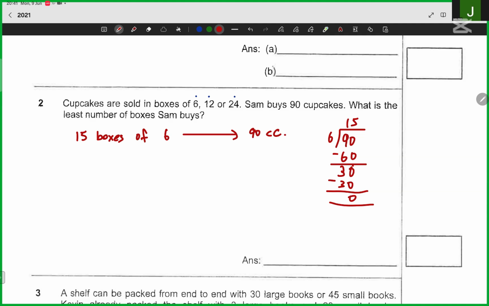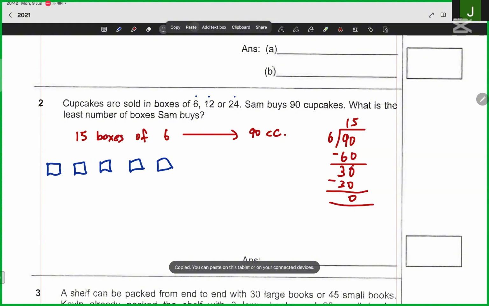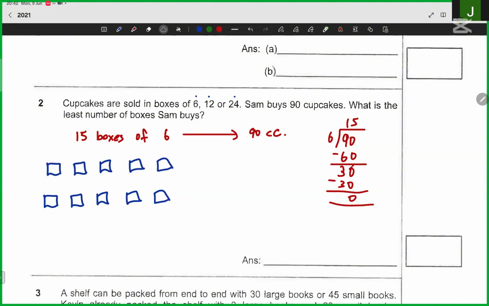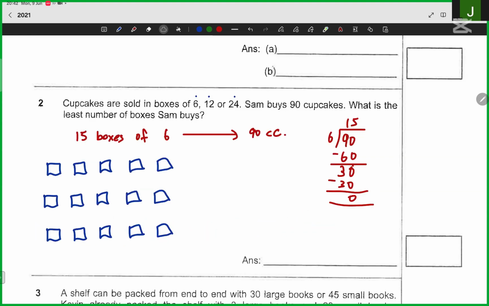Now, that's not what we want, right? We want the least number of boxes that Sam buys. So let's see. 3, 4, 5. Imagine that right now I have all 15 boxes of 6, but I can group them up, correct?